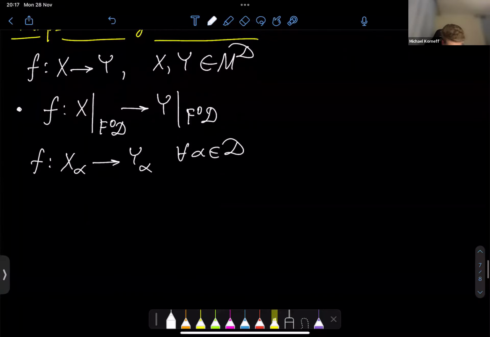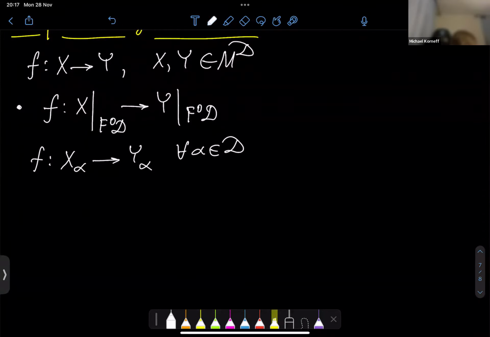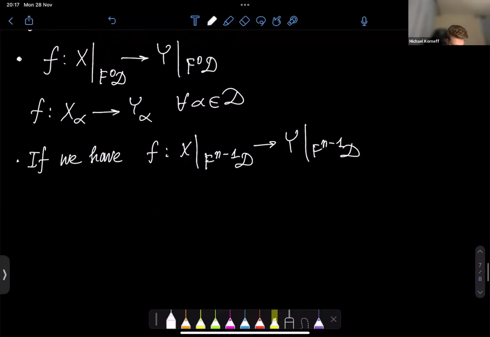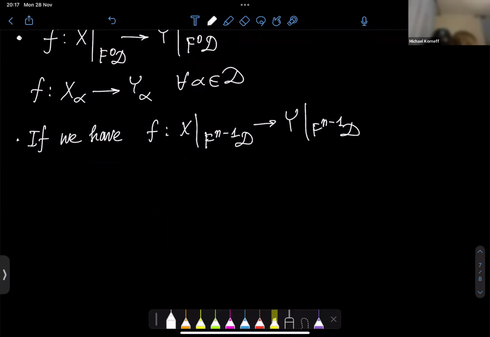Okay, and if we have a map between restricted diagrams on the n-1 filtration, then we can form the following diagram.